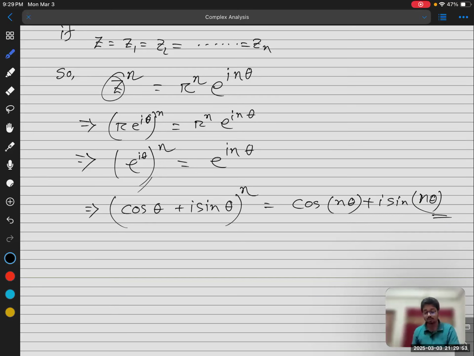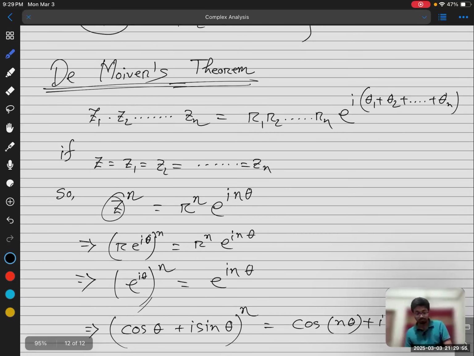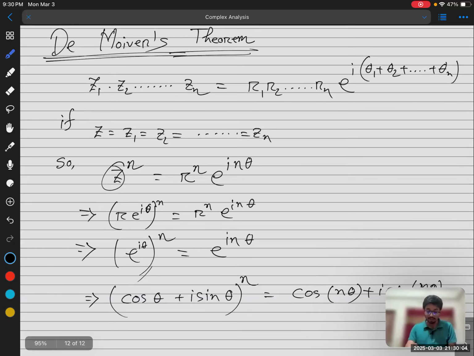So the proof of de Moivre's theorem was a bit complex before the invention of Euler's identity, but we can use Euler's identity to find a short proof, or you may call it a simple proof, of de Moivre's theorem.